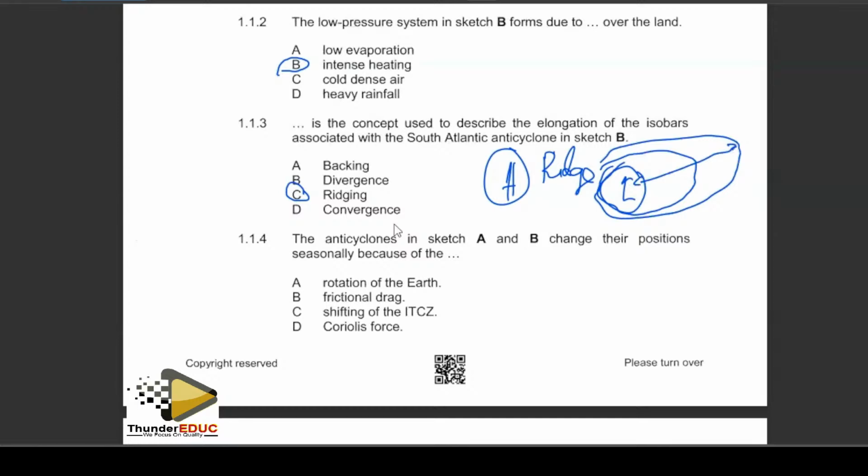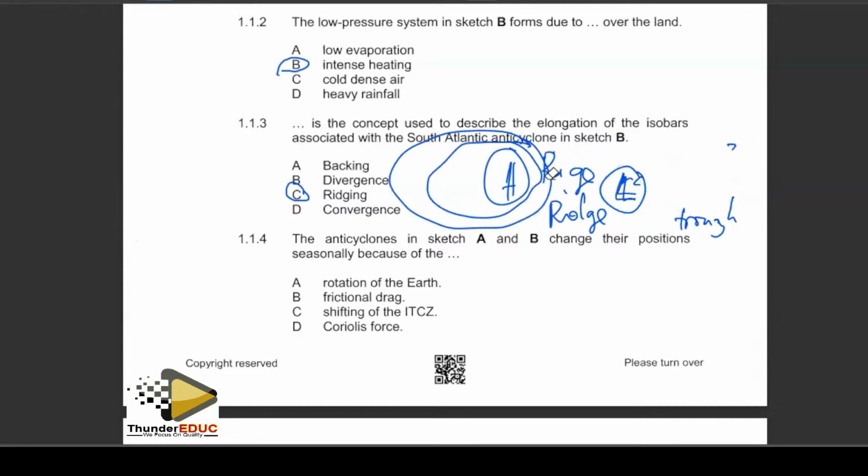They are further spaced away from each other, and there is a low pressure cell here. This will be a trough. But in this instance, we have a ridge because it's a high pressure cell giving us a ridge. So basically, that's the difference between the concept of a ridge and the concept of a trough.